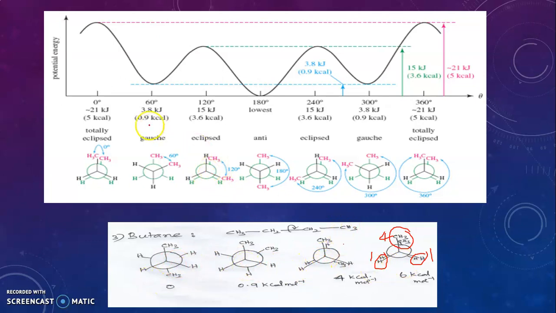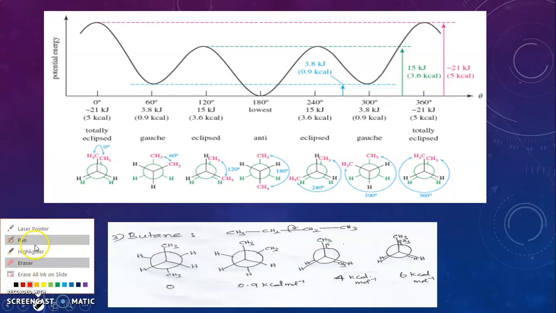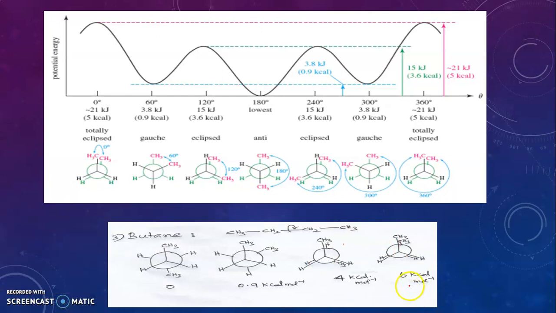Now we'll see the potential energy diagram for the carbon-carbon single bond rotation in butane. When the dihedral angle is 0 degree, we get the fully eclipsed conformer, and for it the potential energy was found to be 6 kilocalorie per mole.